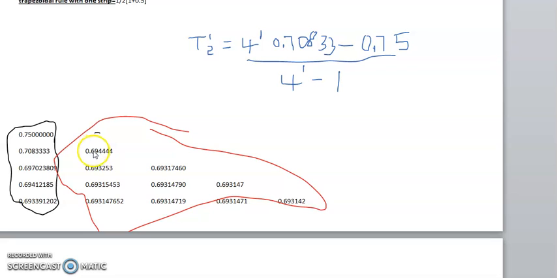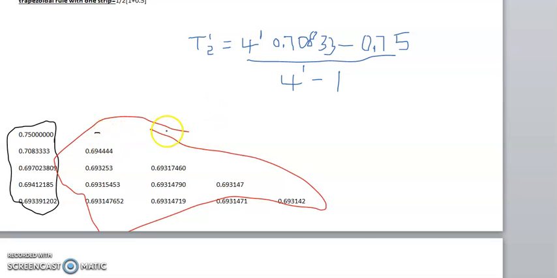This one here is T12, T superscript 1 subscript 2. When you apply that formula which we wrote there for T superscript I subscript K, you're supposed to apply it to all of this until you get that triangular array.